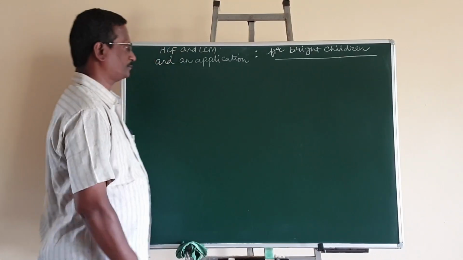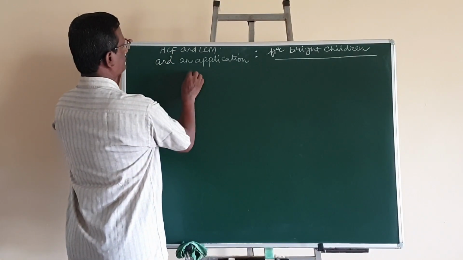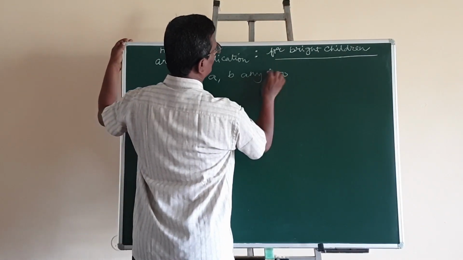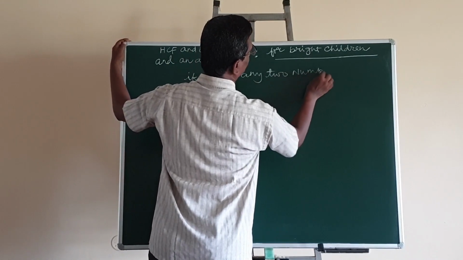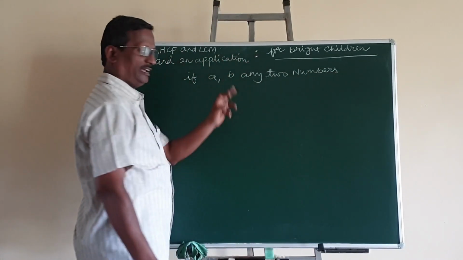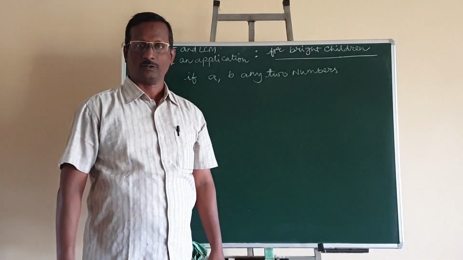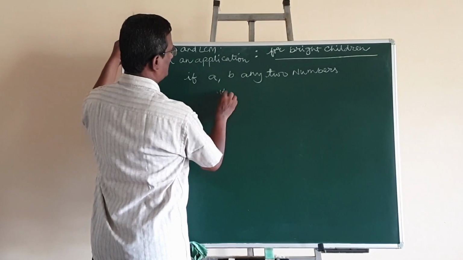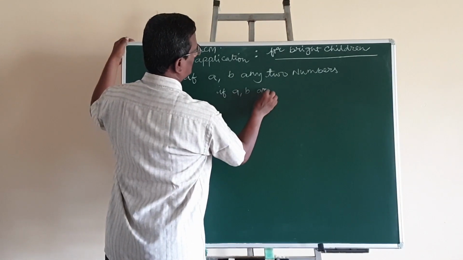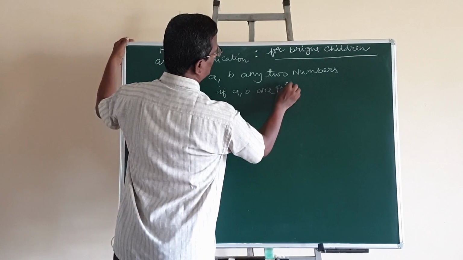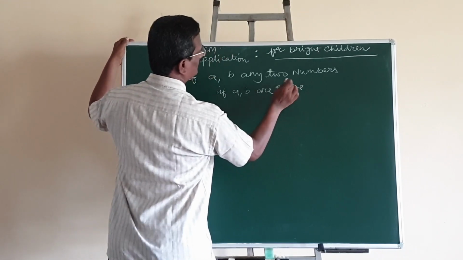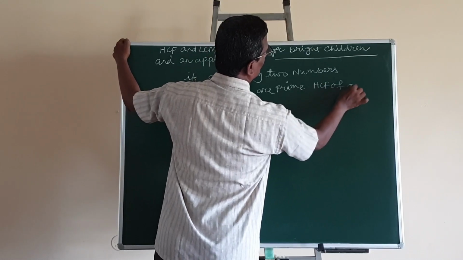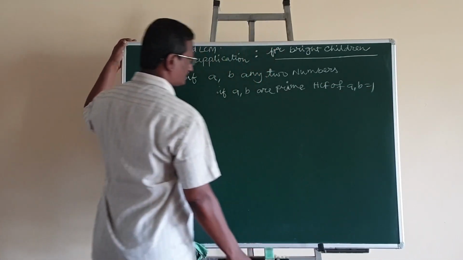First and foremost, if A, B are any two numbers, if A, B are prime numbers, no doubt the HCF of A, B is equal to 1.